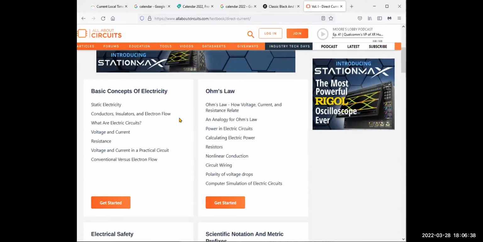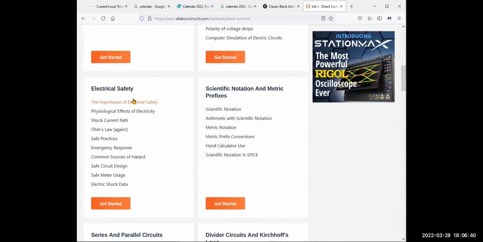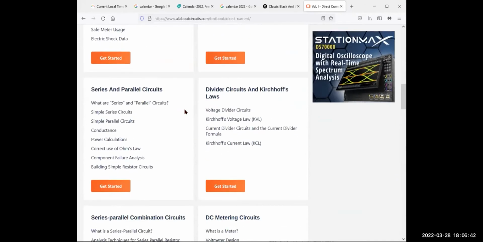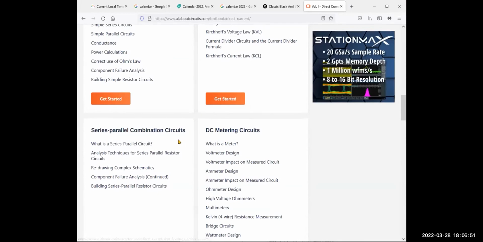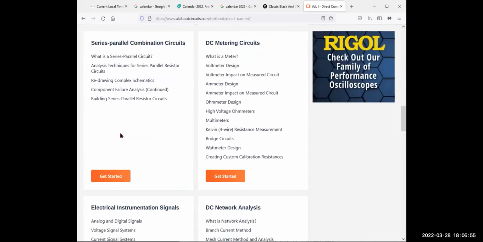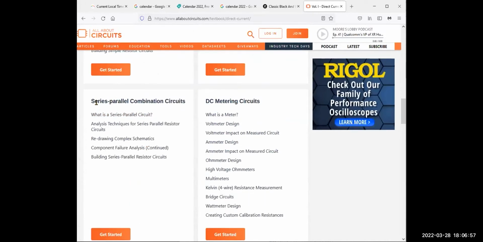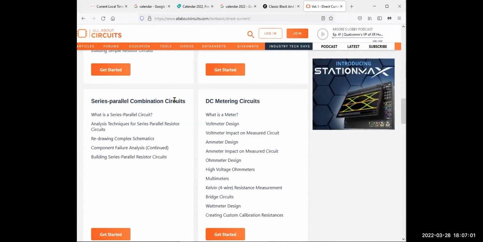So far, we covered these chapters. This is a reading assignment. Last week, we completed chapter 6, the divider circuit and the Kirchhoff laws. Today, we are moving to chapter 7. This chapter is called series parallel combination circuits.